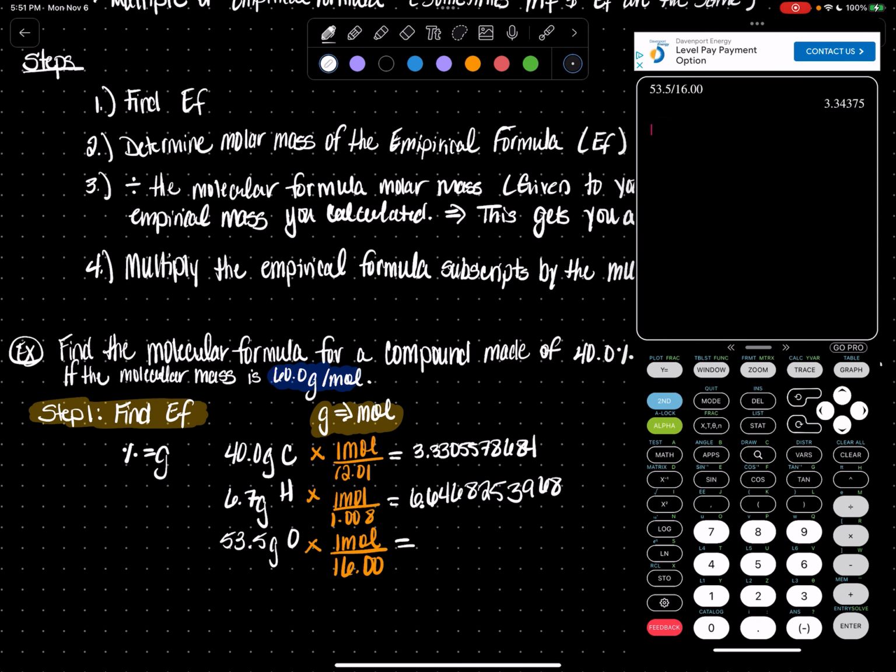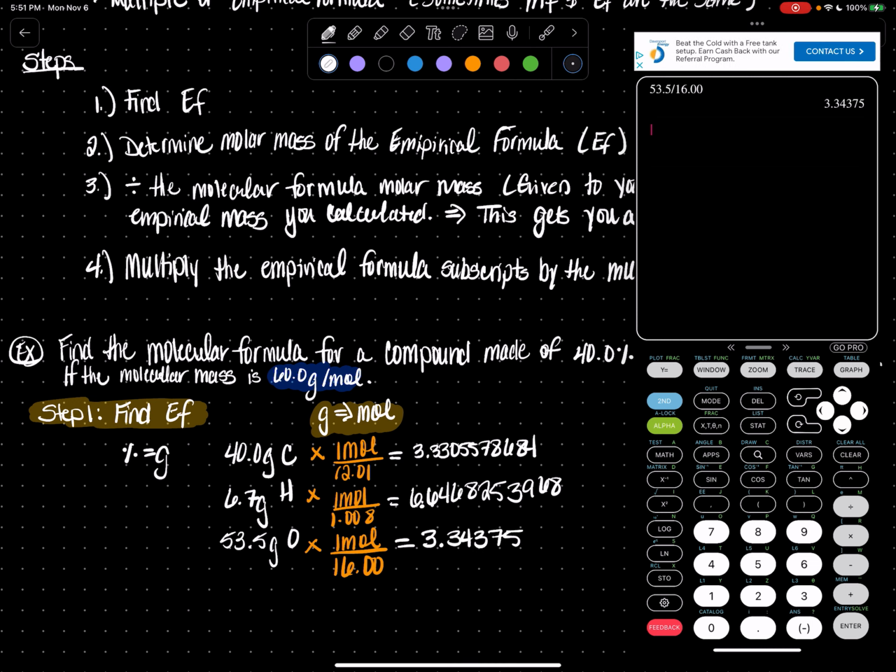So we pull out our handy dandy calculator. I've done the first couple for us to save us some time here. So 53.5 divided by the molar mass of 16 gives us a whopping 3.34375.